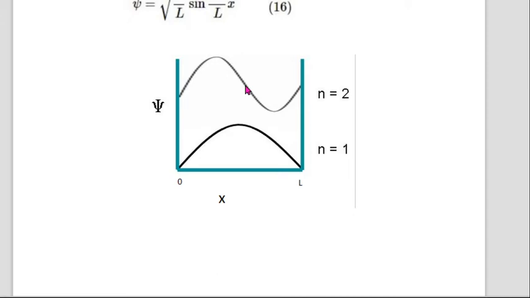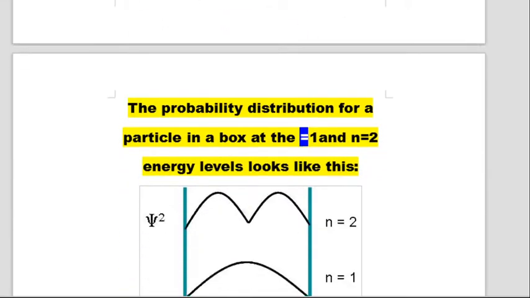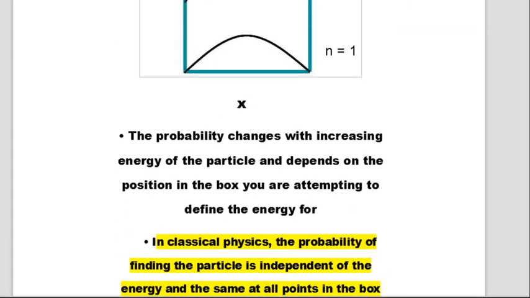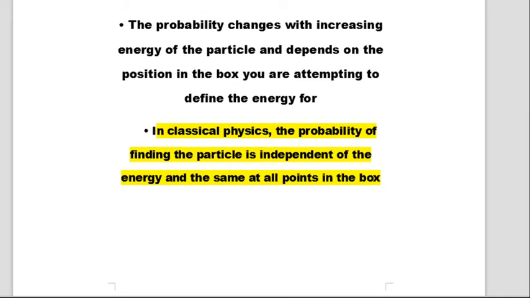Psi is continuously changing. We can have more nodes when n increases. When n is equal to 3, we will have 3 bumps of particle probability and 2 nodes. When it is 4, we will have 4 bumps and 3 nodes. So in general, we will have n minus 1 nodes.